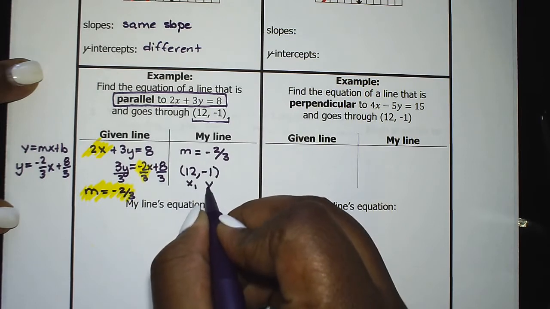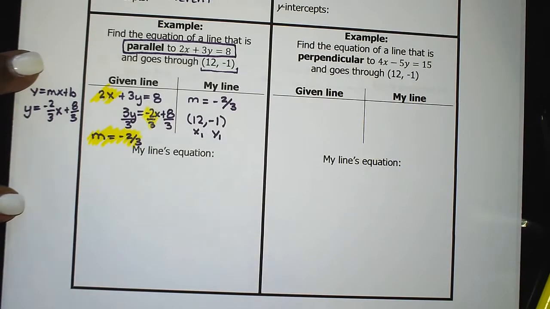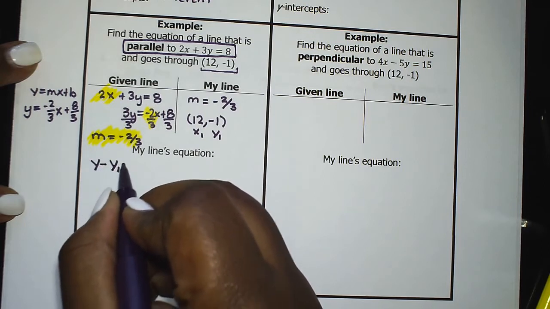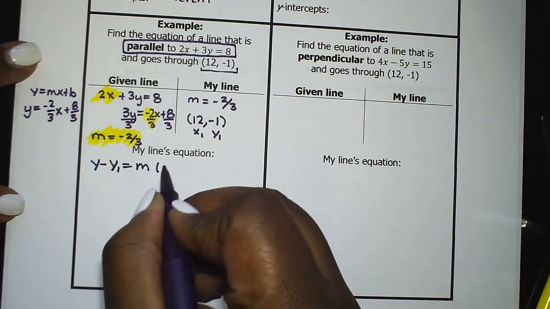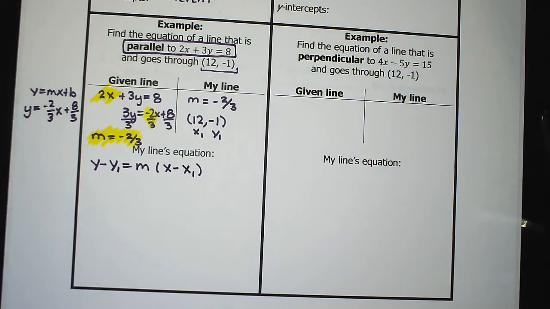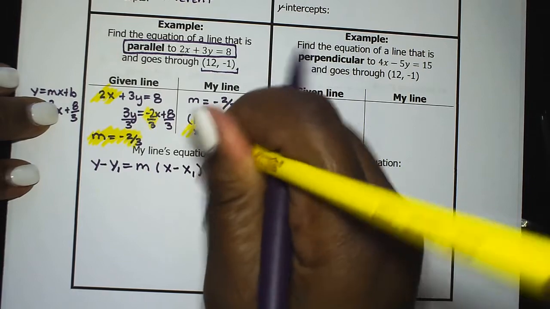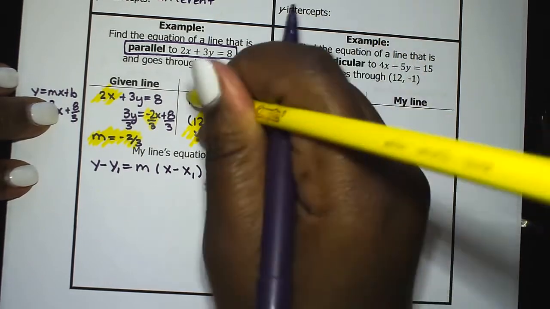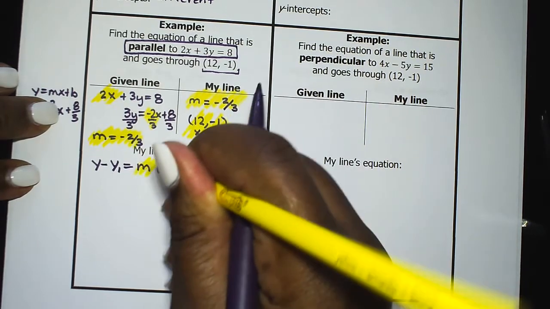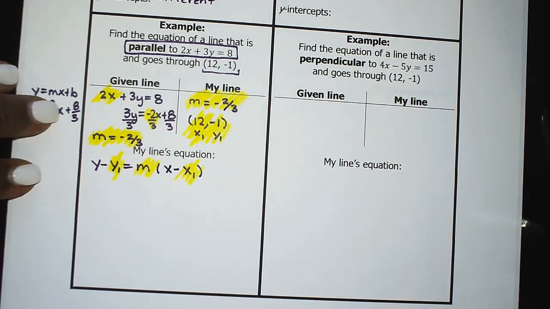This is your x1, this is your y1. So what's your new equation? You can use this formula, the point slope formula, to write your equation. So I'm going to use these points that are given here, x1 and y1, and I'm going to use the slope, and I'm going to put it in this equation right here.